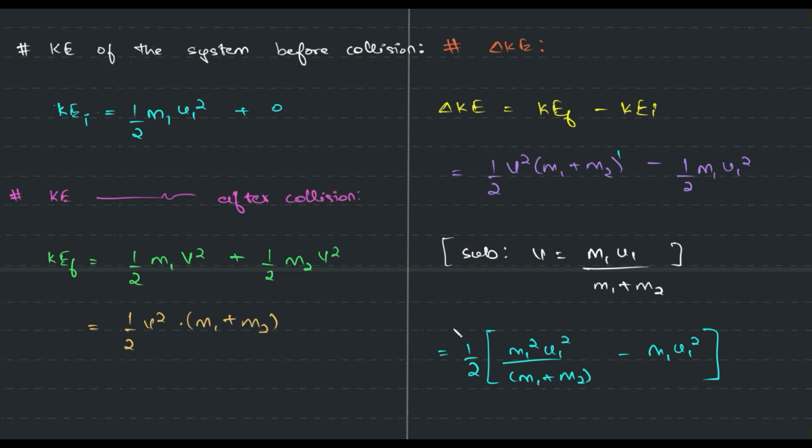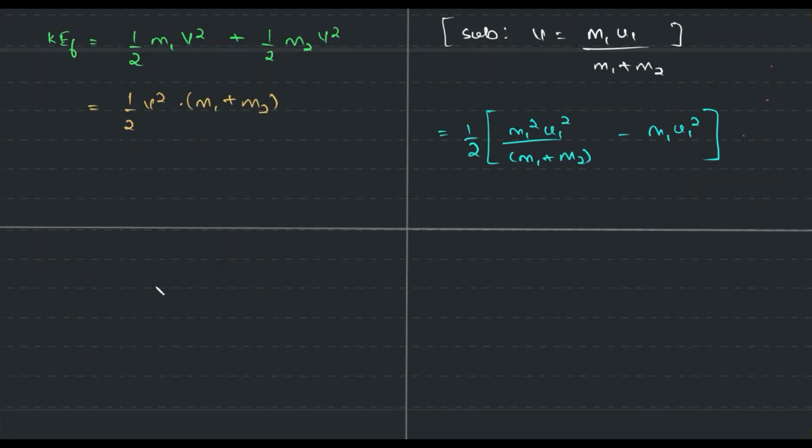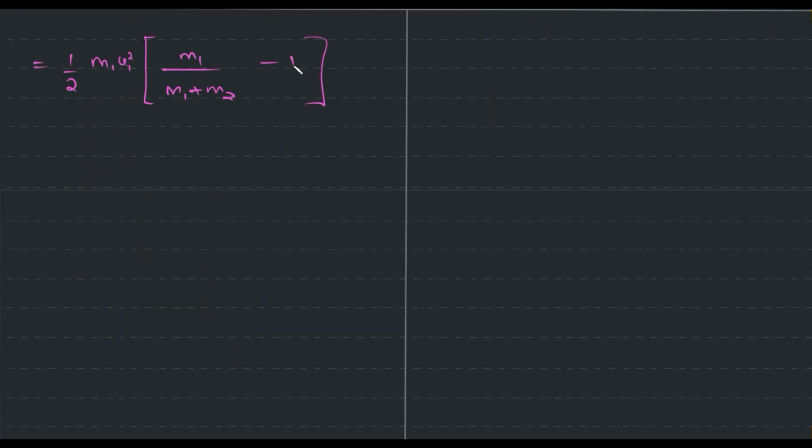So clearly we have m1 common and u1 square also common, and you're left out with m1 divided by m1 plus m2 minus 1. So the LCM and all of that, you will get m1 minus m1 minus m2 divided by m1 plus m2.